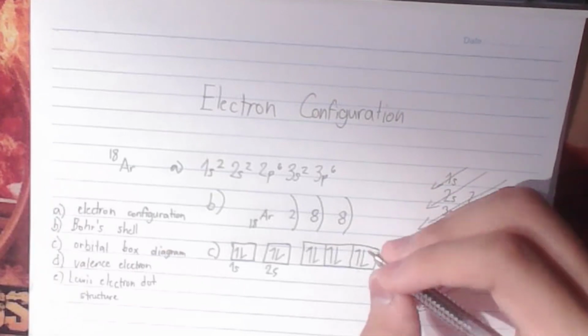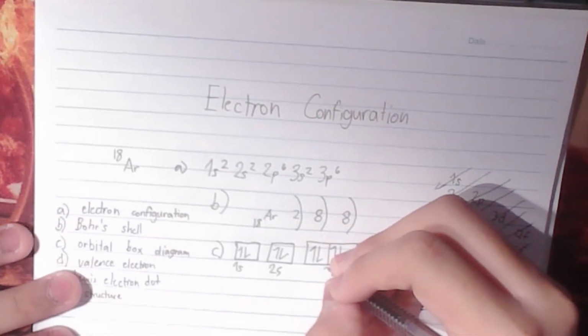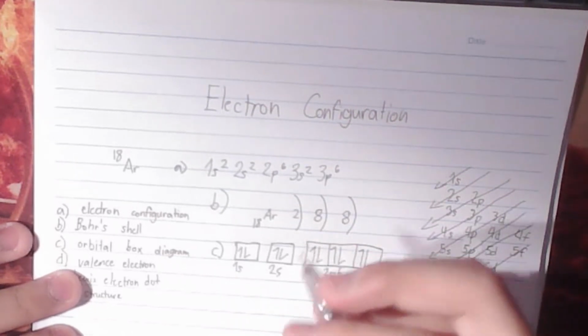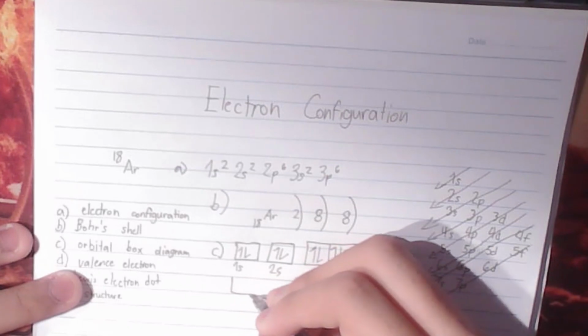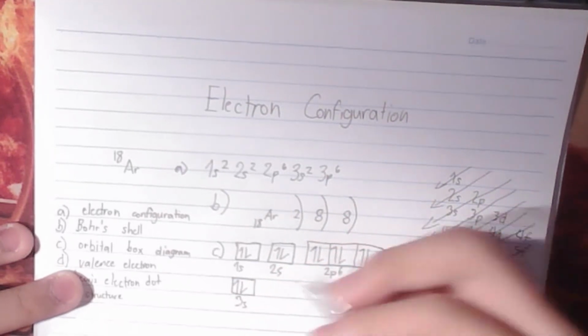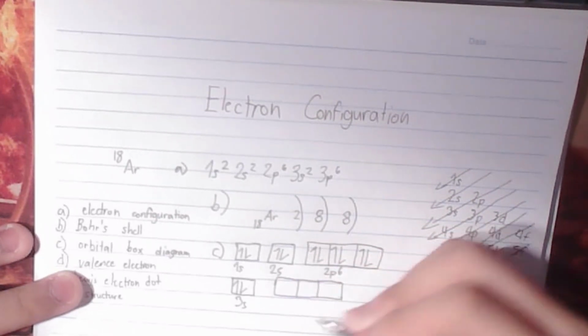That's basically Hund's rule for you. That's 2p6. Now for 3s2, we do pretty much the same as the first, since it's complete. Now for 3p6, it's also complete, so we just write 6, the same thing.